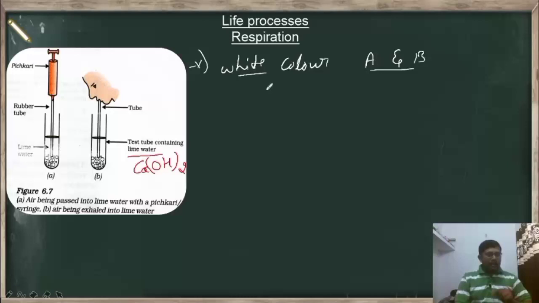But the rate of formation of this white color is different, when we blow air through our mouth compared to when we blow air using the pichkari. In which test tube can we observe the white color earlier? Directly we can say that it is test tube B, because whenever we exhale, we release carbon dioxide.